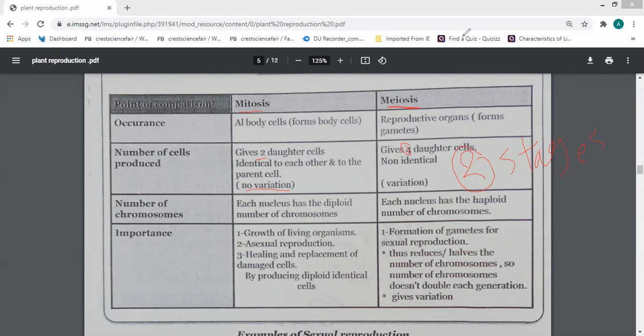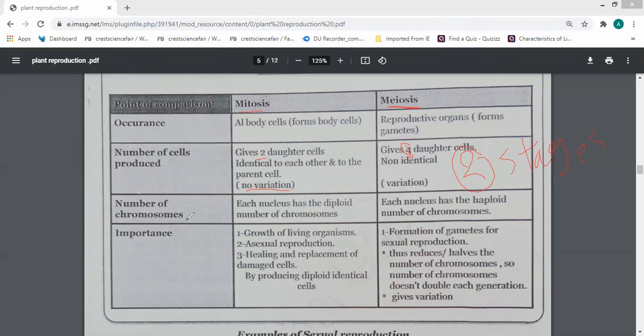Clear? It's clear, guys? Again, meiosis occurs through 2 stages. Each stage produces 2 cells, and at the end of these 2 stages, the number of cells produced will be 4.